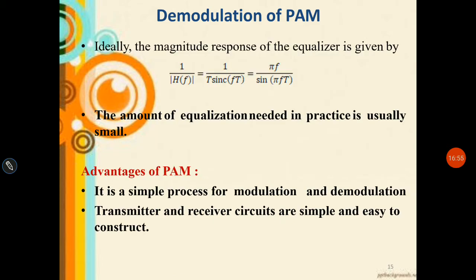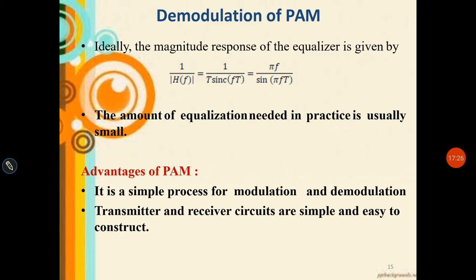Ideally the magnitude response of the equalizer is given by 1 by H(f), that is 1 by T sinc(fT), that is pi f by sin(pi fT). That means this amount of equalization is needed, and in practice it is usually made small for demodulation of PAM.